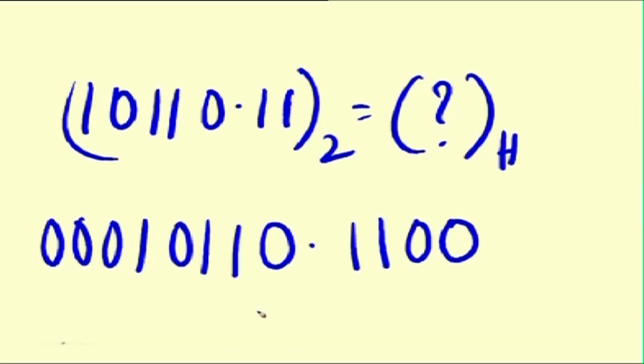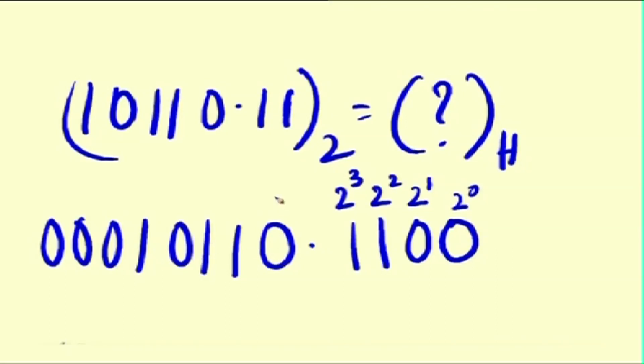Now, you can see that this will be 2 power 3, that will be 8, this will be 2 power 2, that will be 4, because this will be 2 power 0, 2 power 1, 2 power 2, 2 power 3.